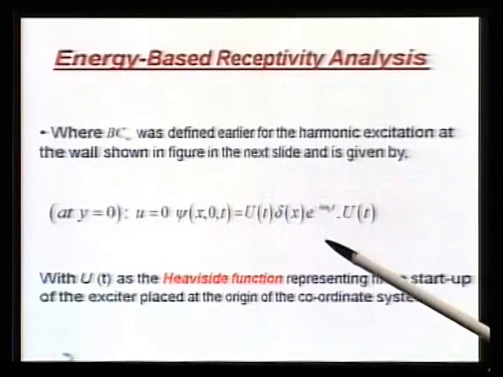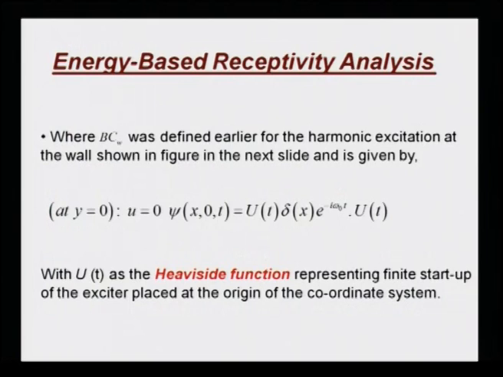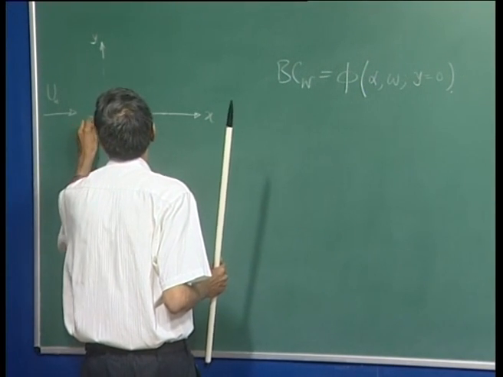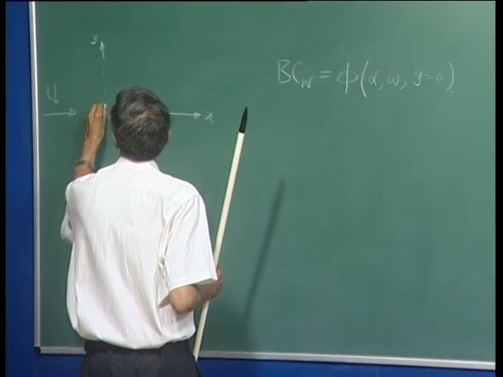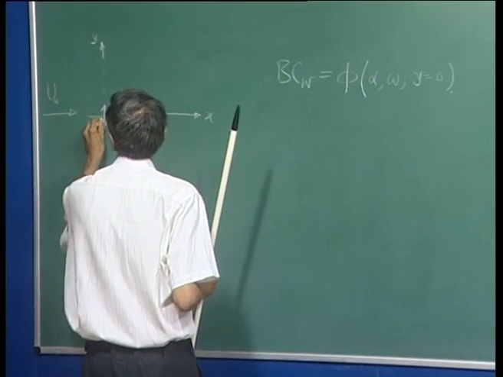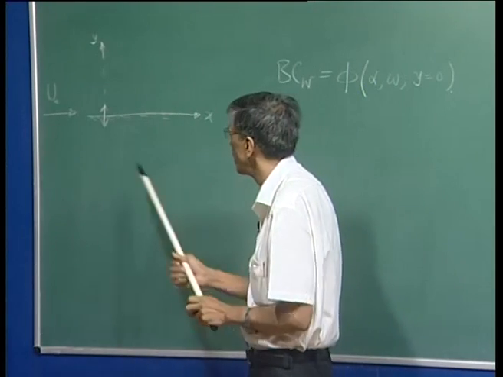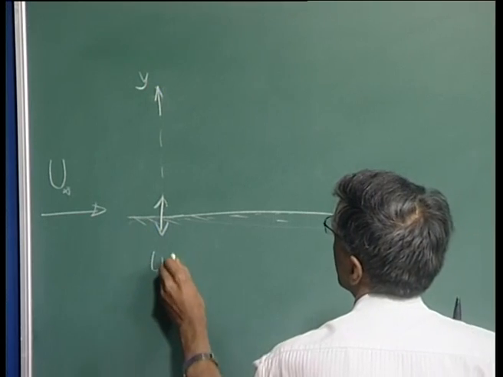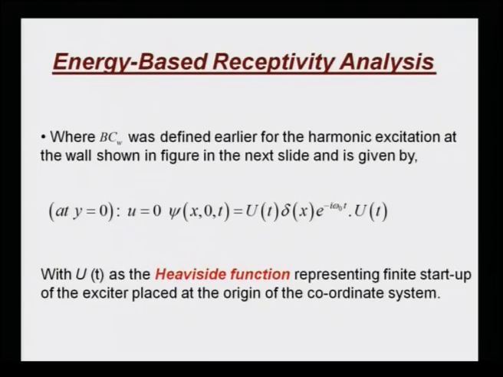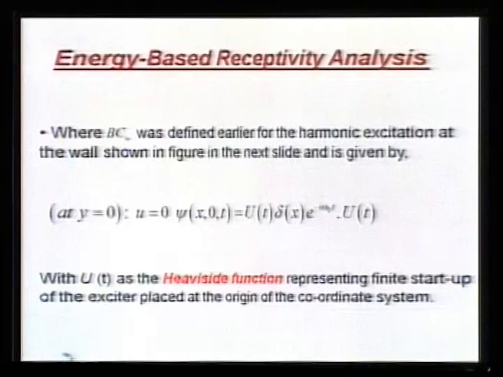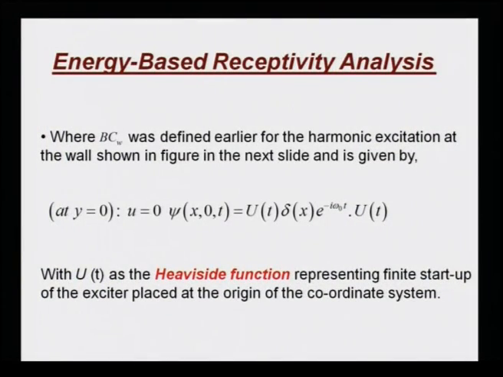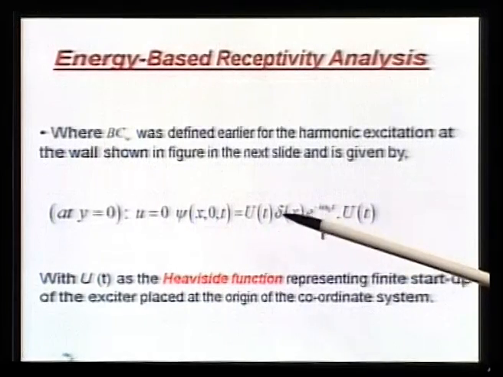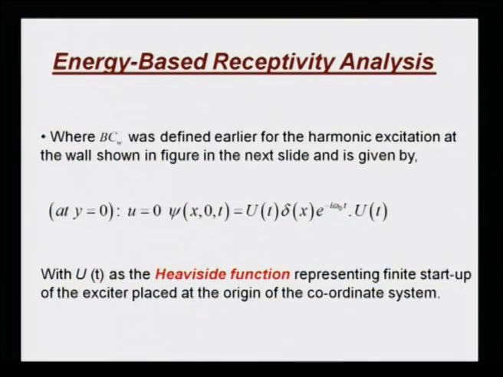So, we are basically talking about, let us say, a flat plate where we position an exciter at the origin, that is what we are doing. So, we have an exciter which is excited at a frequency omega naught, and it is harmonic. That is why we have e to the power minus i omega naught t, and its localized nature gives us delta x, and it is started at t equal to 0.